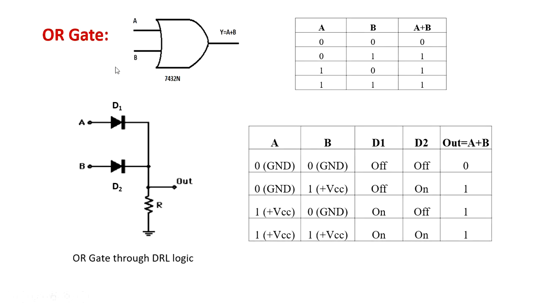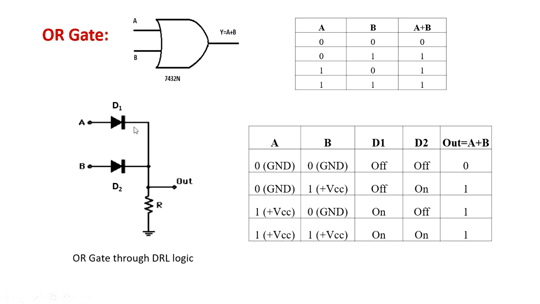Now the OR gate. Here we have used diodes in place of transistors. Similarly, when both are 0, both the diodes are off, so the output will be 0. When any one of the diodes is at logic high, suppose A is plus 5 volt, it will conduct and the out is connected to plus 5 volt, so the output will be 1.